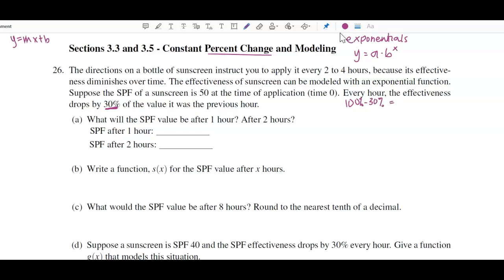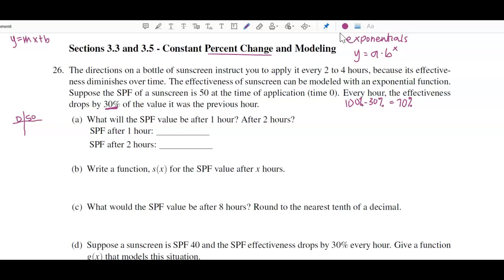So the effectiveness is staying at 70%. First of all, just making sure you see where that percent change is coming from. At time 0, it's going to be 50.